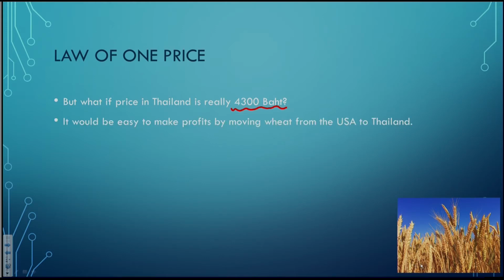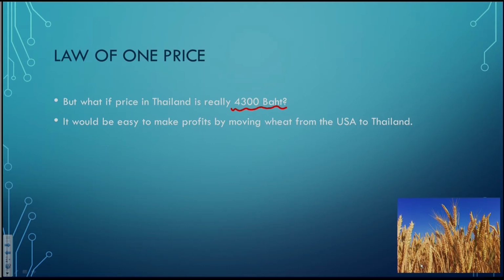So, what this means is that it would be easy for us to make profits by moving wheat from the United States to Thailand, right? Because the equivalent price is 34.96 baht. So what this is telling us is that the price in Thailand is way higher than the equivalent US price.